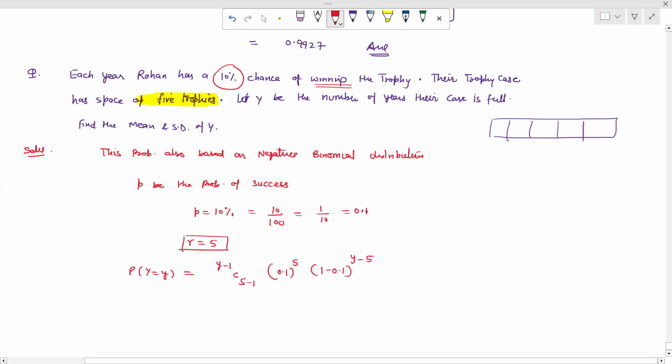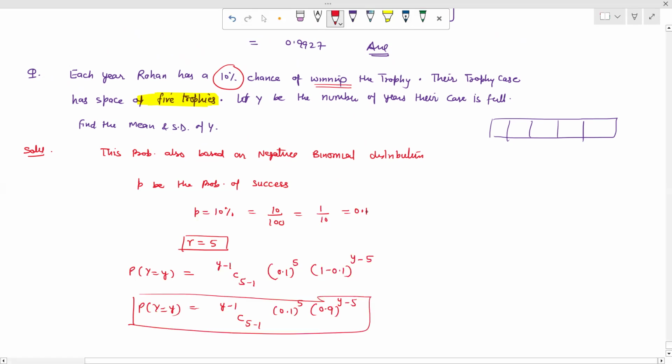So this can be written as y minus 1 C 5 minus 1 into 0.1 raised to the power 5 and 0.9 raised to the power y minus 5, where y is the number of years. This is our probability mass function of the negative binomial distribution.